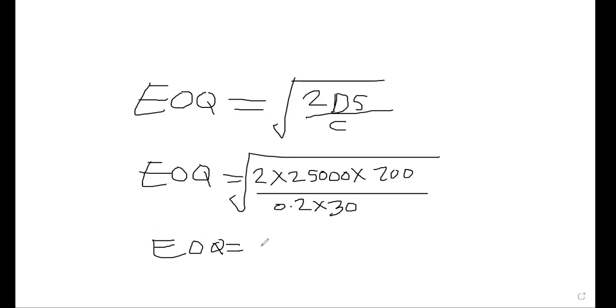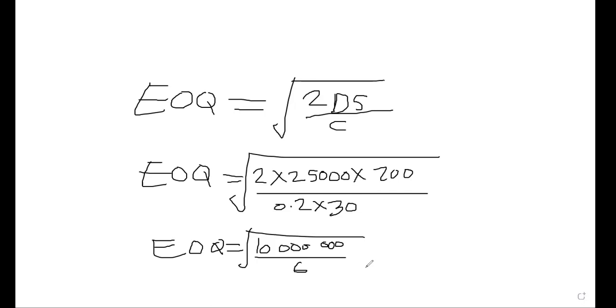We can do 2 multiplied by 25,000 multiplied by 200, which is 10 million. So we have the 10 million on top there. Then from there, we divide by 6. And then we can find the value of our economic order quantity.